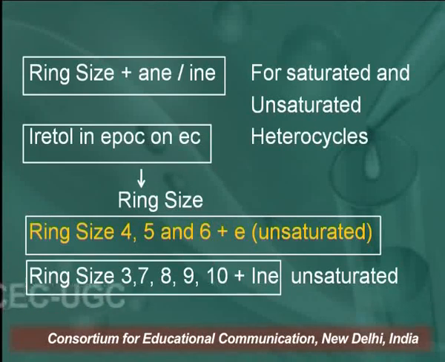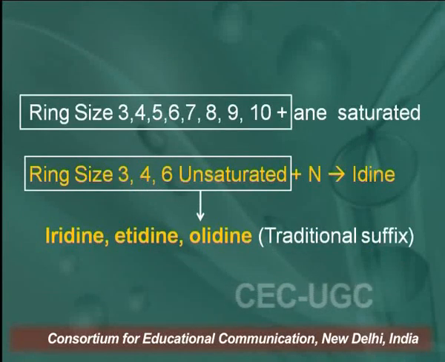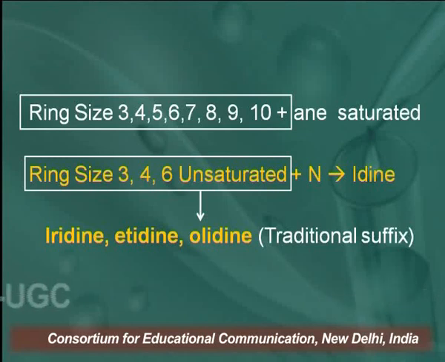Learners, one important thing. For ring sizes 4, 5 and 6, add -e if the ring is unsaturated. For ring sizes 3, 7, 8, 9, 10, add -ine if the ring is unsaturated. Similarly, for ring sizes 3, 4, 5, 6, 8, 9, 10, add -ane if the ring is saturated.